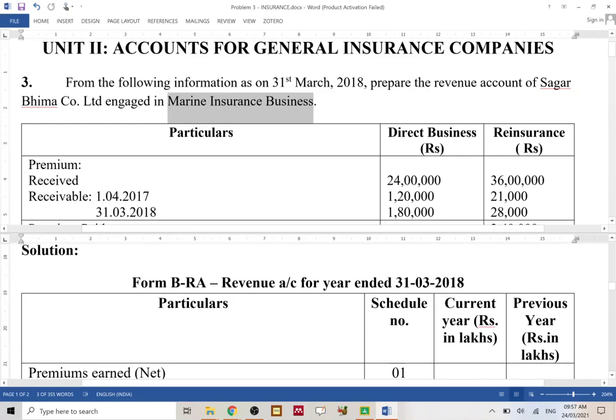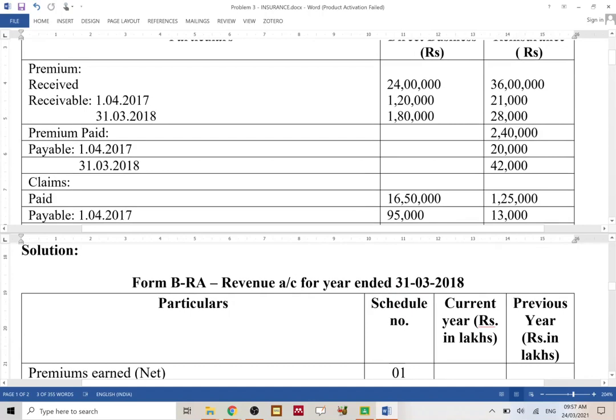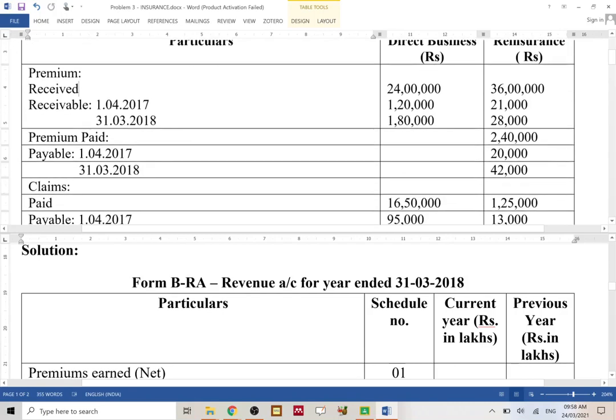We are given things like premium received and paid, then also receivable and payable, which means they are outstanding as of the previous year and outstanding as of the current year. We already know how to deal with such outstanding amounts. When they say received or receivable, it is either on direct business or on reinsurance accepted.